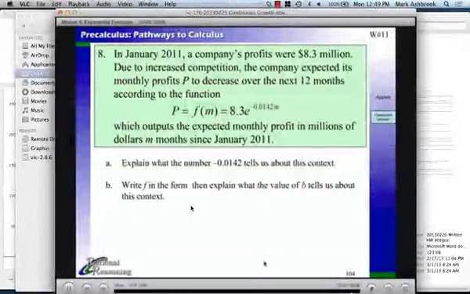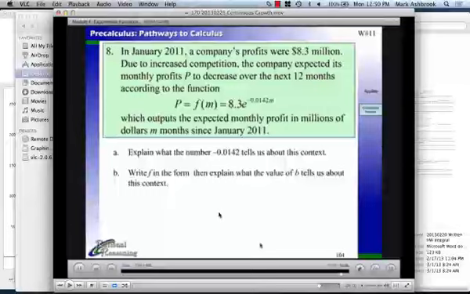Okay, 0.9. What is that? That is the per unit decay factor.